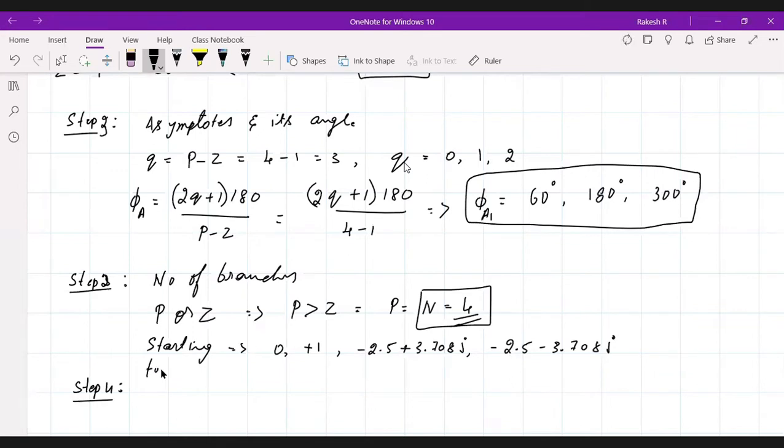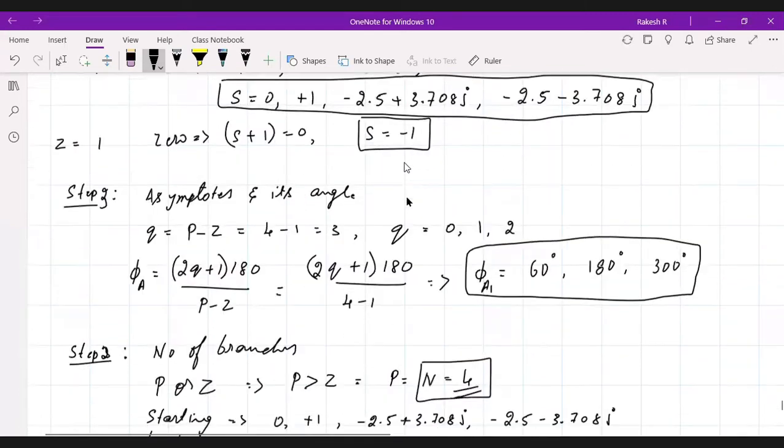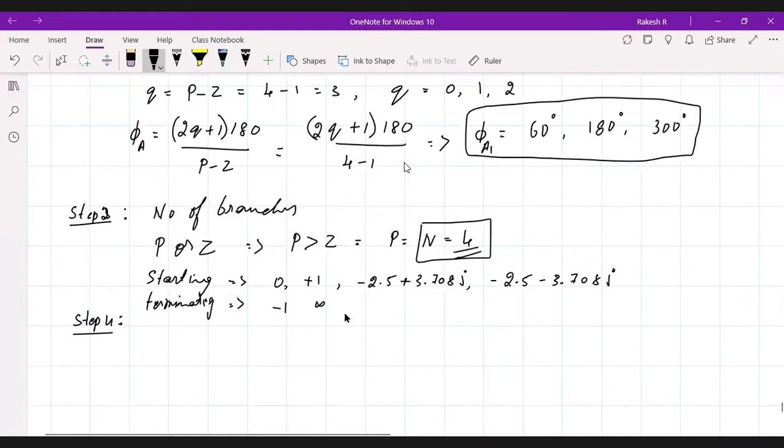And the terminating points will be minus 1, that is the zero here, and 3 infinities. These are the terminating points here, right?